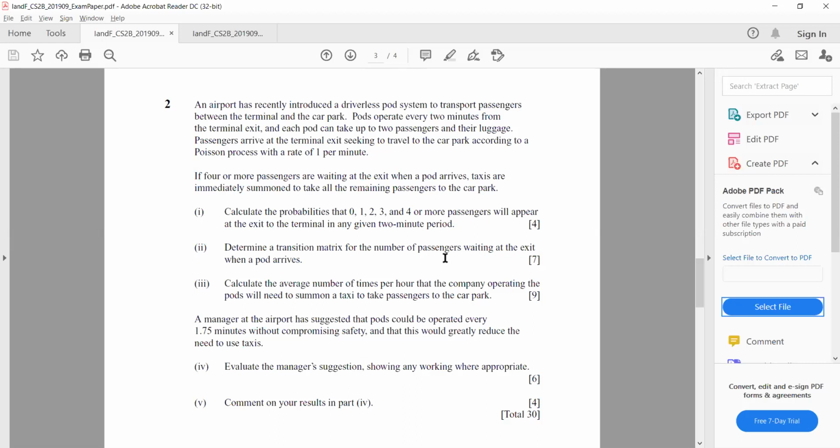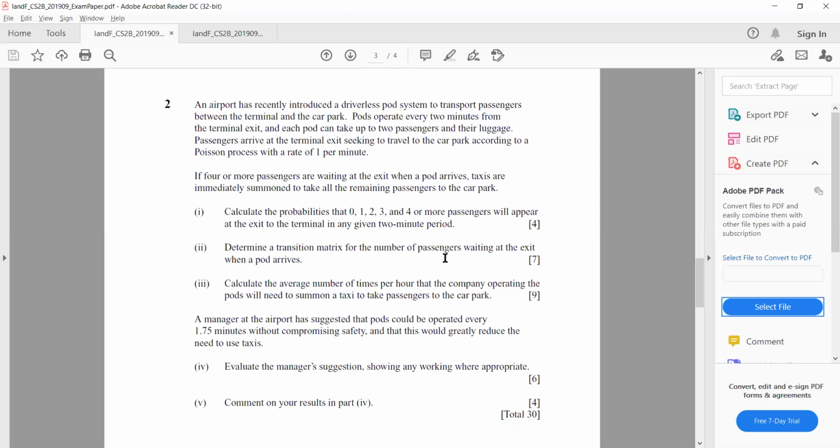So when a pod arrives, it could be, let's say, 2, it could be 4, it could be 40 as well. So clubbing it under 4 plus is something which we would be doing, but it's more about the first time looking at this question. So why directly 4 plus? Why not, let's say, 4, 5, 6, 7, and so on? We'll see later why we can combine it.